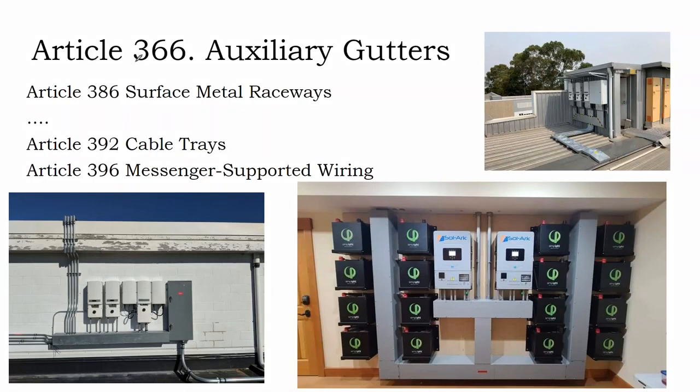So we're making our way through the wiring and cabling section of code, and we've defined conductors, we've defined cables, we've defined conduit that would surround conductors, and now we're getting to even more rare kind of enclosure called gutters. I'd say rare.